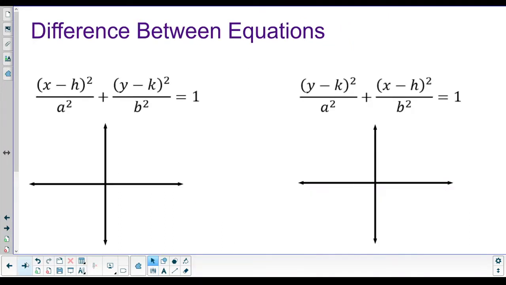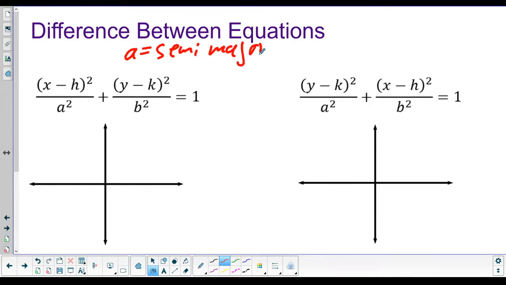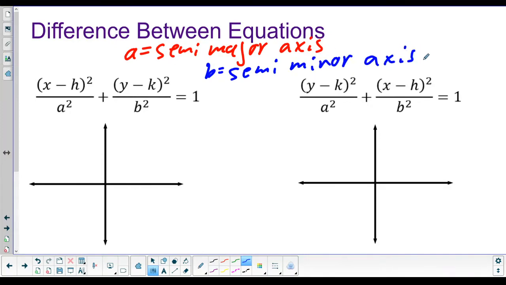So I just need a little bit of room to draw here. A is your semi-major axis every single time, and B is your semi-minor axis every single time. So whatever number is underneath the x term is always connected to the horizontal width of your ellipse.